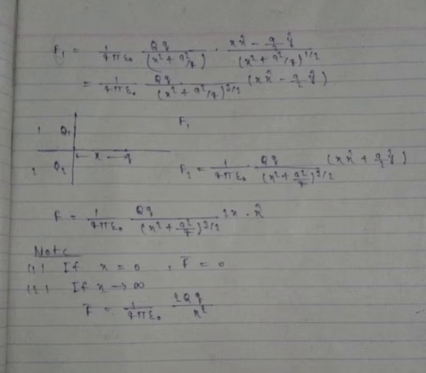I can similarly now write F2. F2 has the same magnitude except that it's along this vector. And what is this vector?